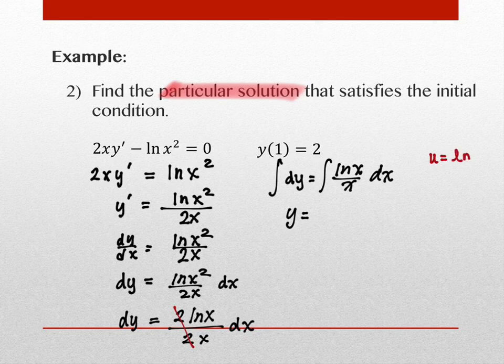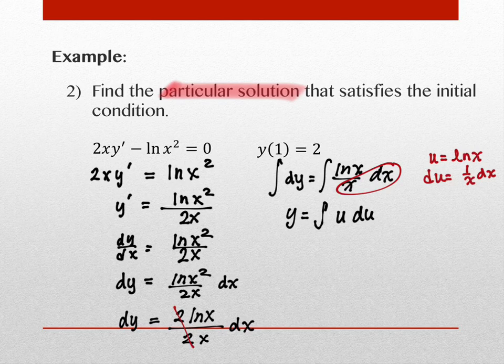Natural log of x. Okay, because what's du of the natural log of x? 1 over x dx, and we actually have that, don't we? This piece right here is the du. So that's actually quite friendly. So we have the integral of u du.